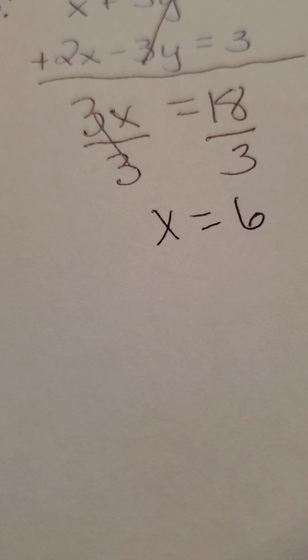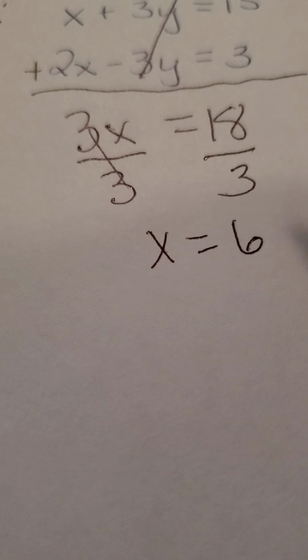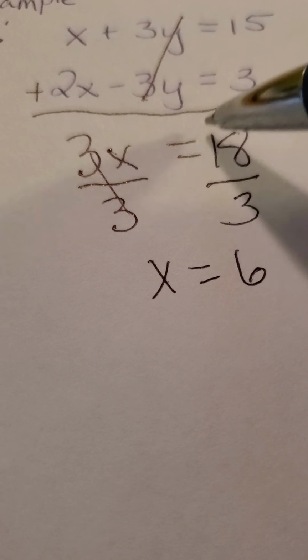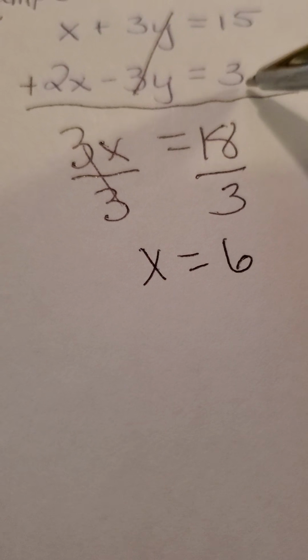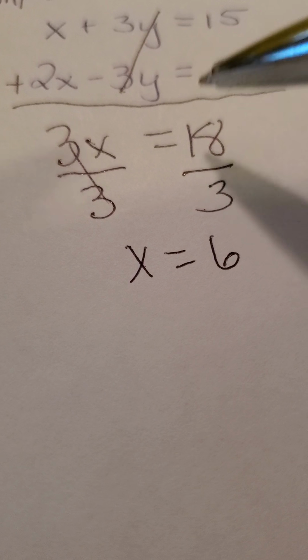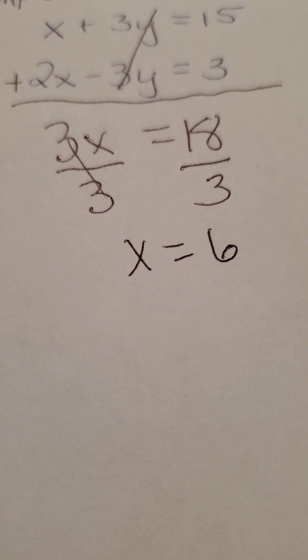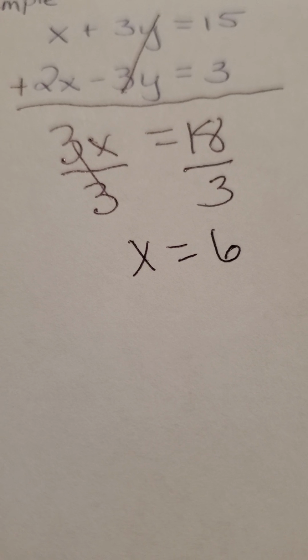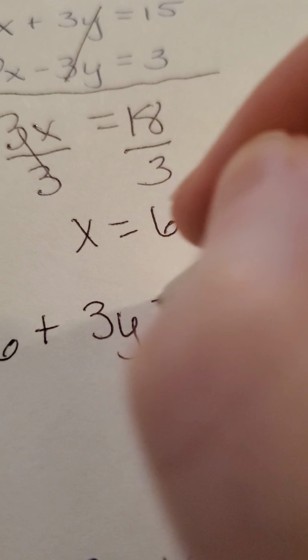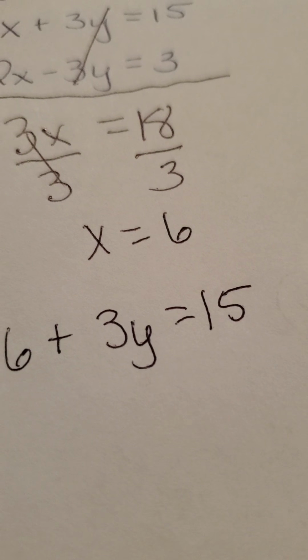Now, remember I have to plug this 6 into one of these two original equations. I'm going to do the top one again because that has a coefficient of 1 on the x. Those numbers are a little bit smaller. So I'm going to say x is 6, so 6 plus 3y equals 15.